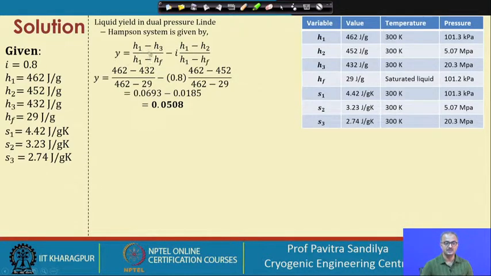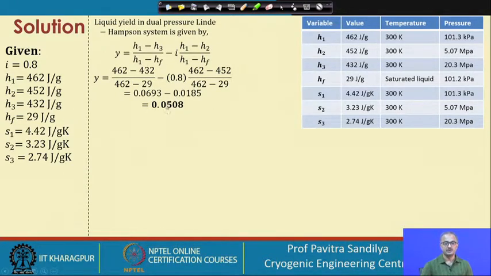As I said, the first term corresponds to the simple Linde-Hampson, and the second one is the contribution from the dual pressure system. Now we plug in the values of the enthalpies and the value of I, and we get this as the liquid yield.